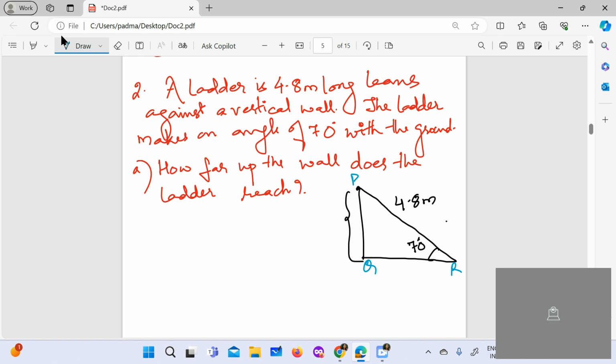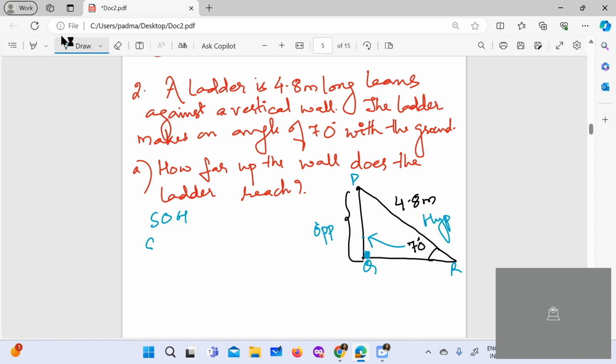Let me mark again with respect to this angle. Here this is opposite and this is the hypotenuse, since the wall is vertical. So what is the ratio where we get opposite and hypotenuse? That is sine.